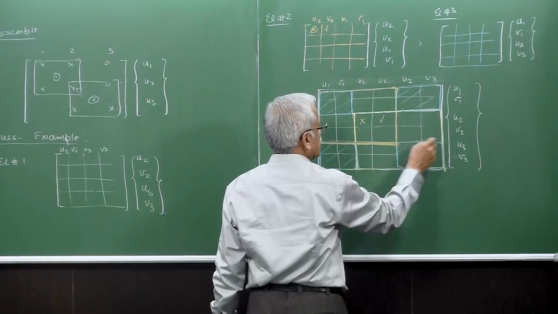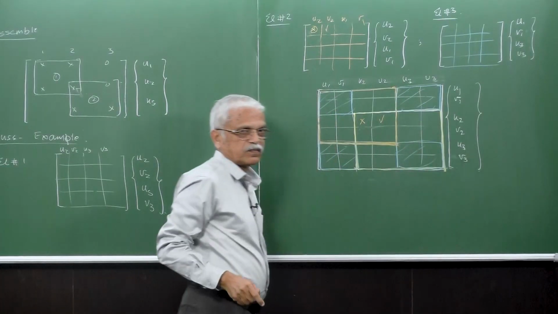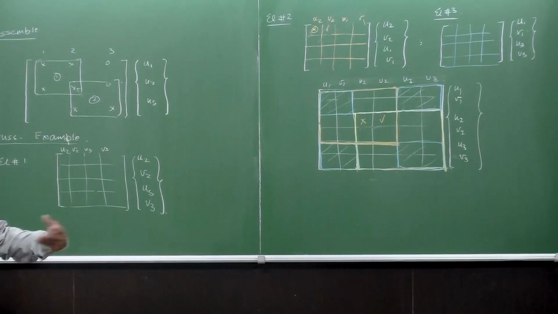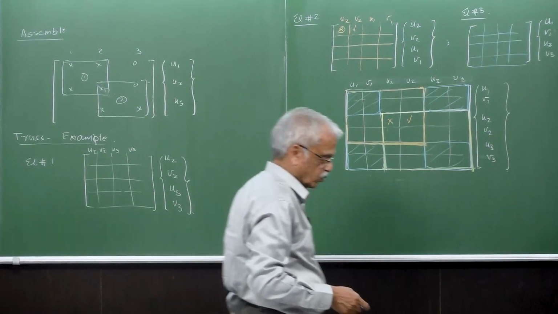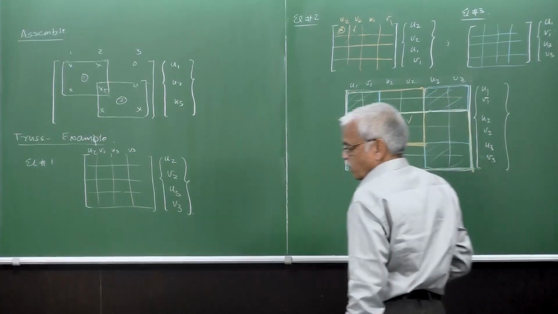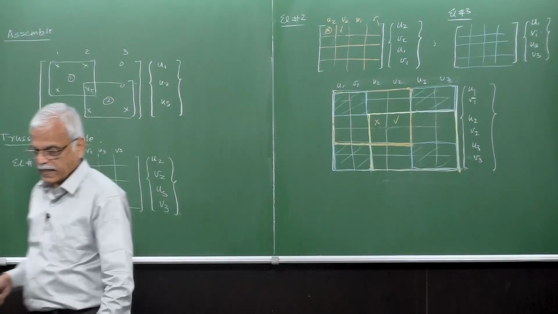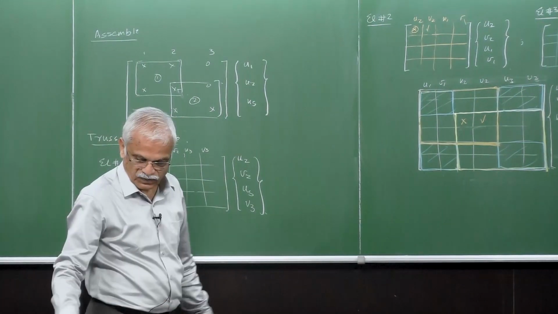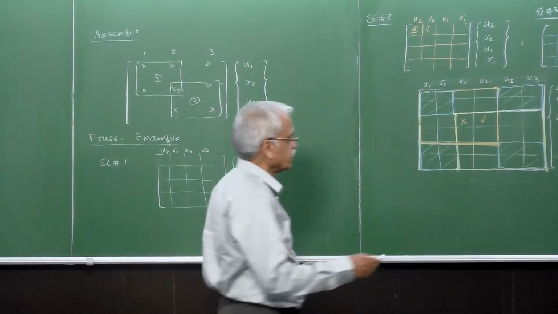So this portion here is being contributed by both element 1 and element 3. So they have to be superposed. Like this, we can add all these things and make a stiffness matrix here of 6 by 6.